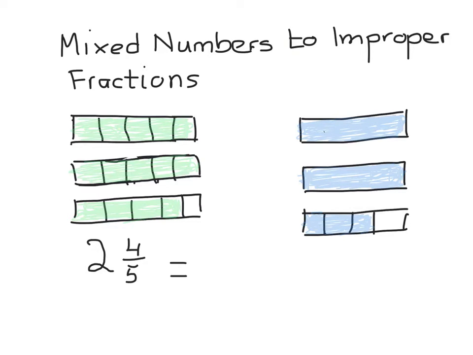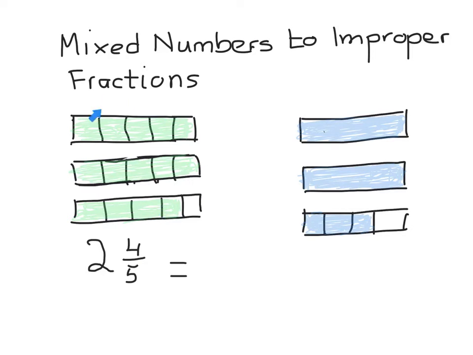and then I have to count how many fifths I have altogether. So how many fifths do I have altogether here? Well, here I have 5 fifths, that's the whole bar. Here I have 5 fifths, which is another 1 whole. And here I have 4 fifths.